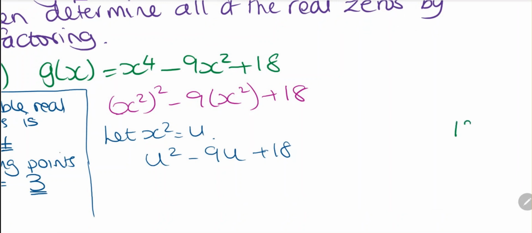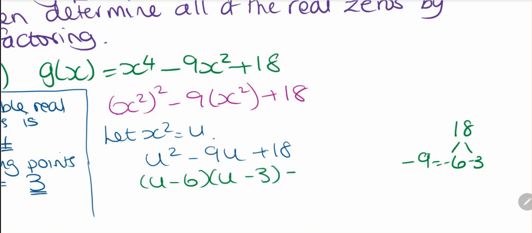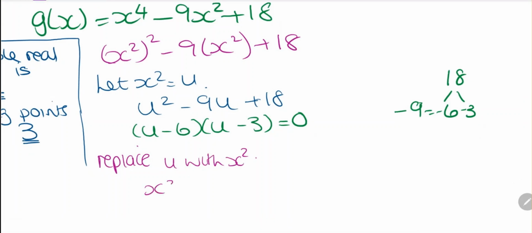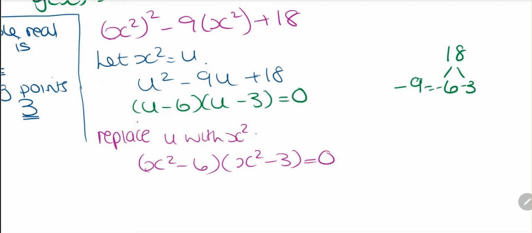So factors of 18 that will give me minus 9. So this is 6 and 3. So it's going to be minus 6 and minus 3. So we'll have u minus 6 and u minus 3 is equal to 0. Now we're going to replace u with x squared. So we'll have x squared minus 6 and x squared minus 3 is 0. And now we're going to solve.